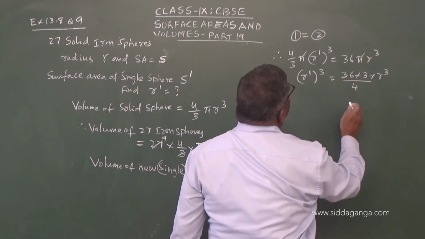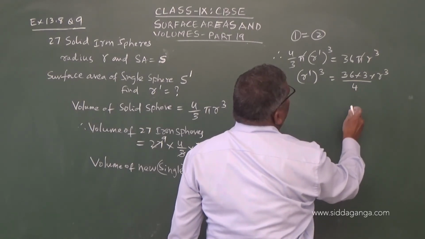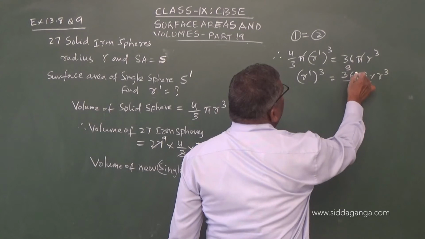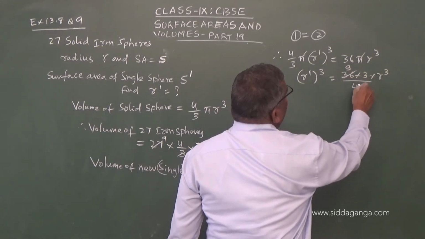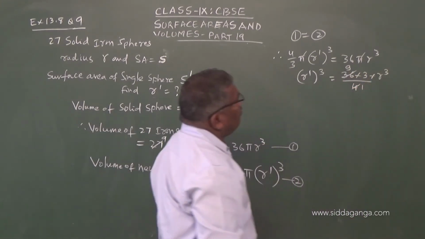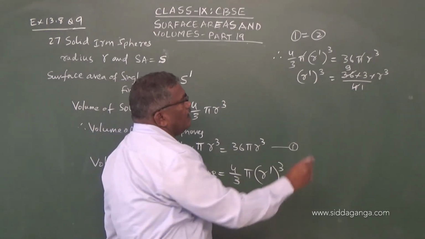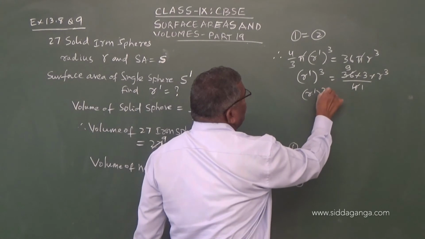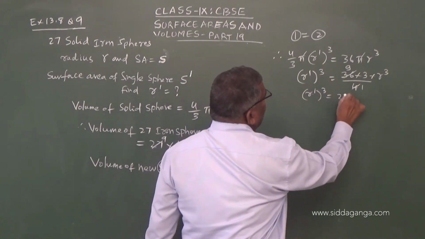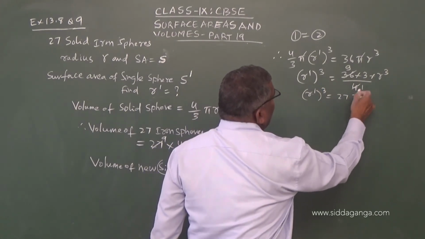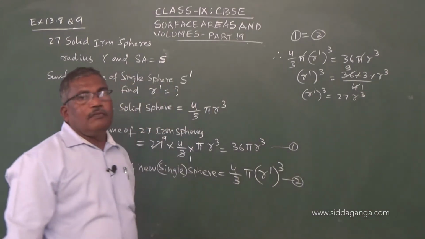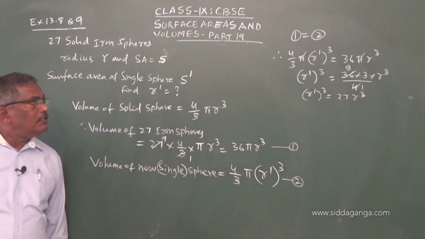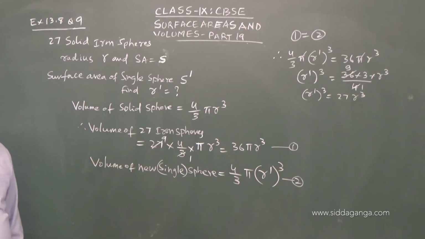So that is 9 into 3, 27 r cube. R dash cube is equal to 27 r cube.